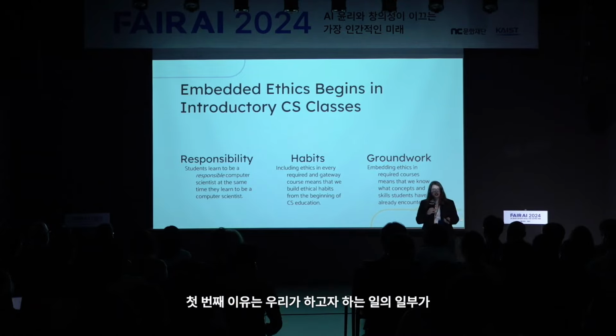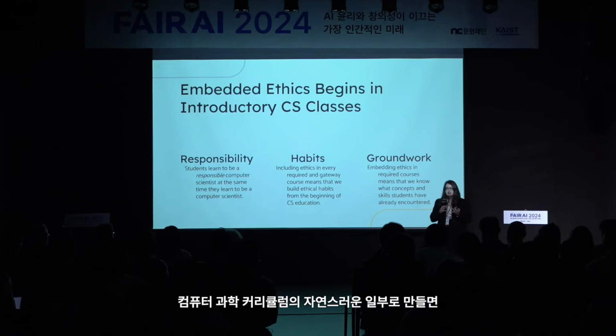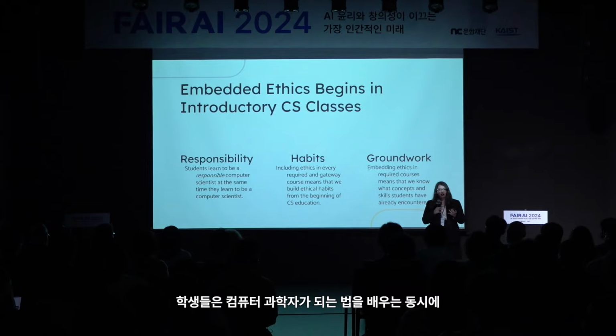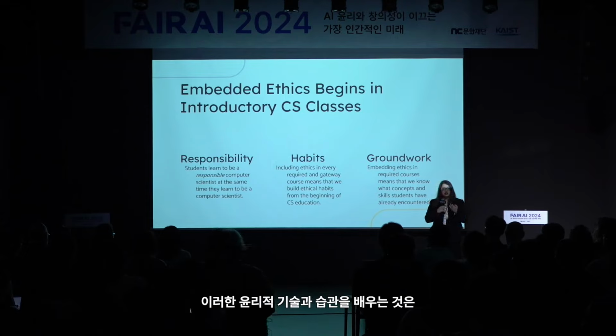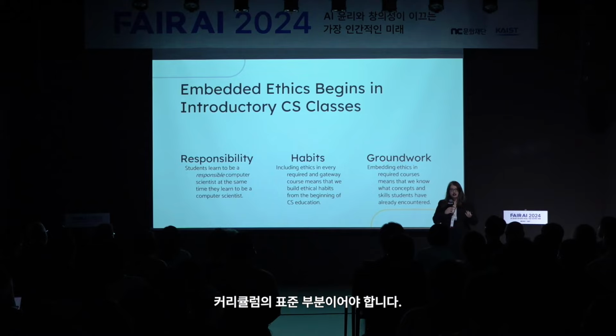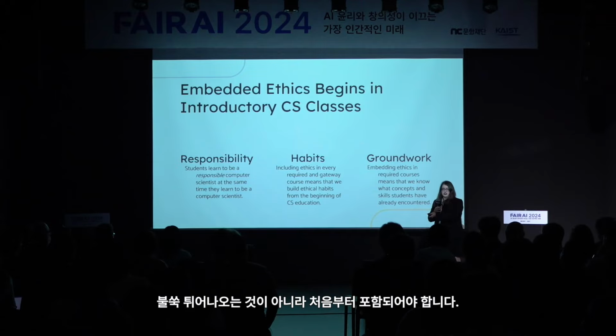The first reason is that if part of what we are hoping to do is make embedded ethics naturalizing, so make it a natural part of the computer science curriculum, then students have to learn to be a responsible computer scientist at the same time that they learn to be a computer scientist at all. So learning these ethical techniques and habits has to be a standard part of the curriculum, and because of that, it can't just pop up 3 years into their education.